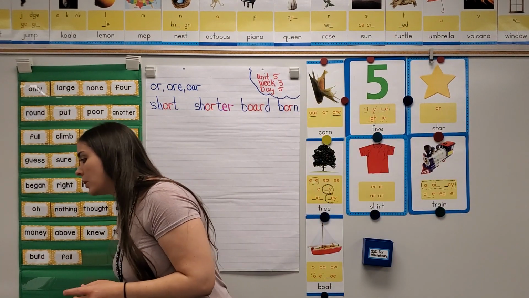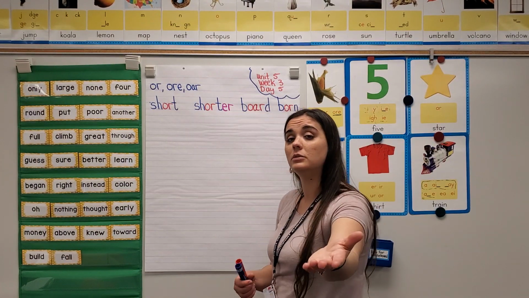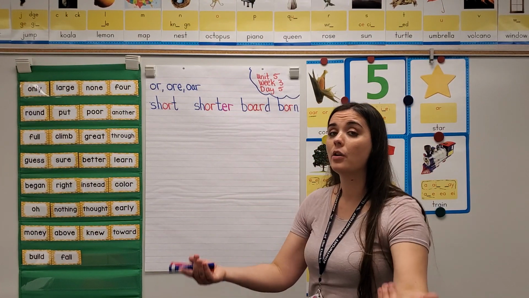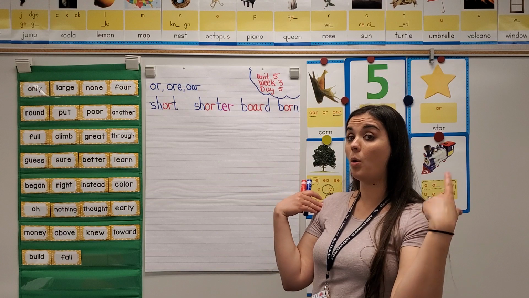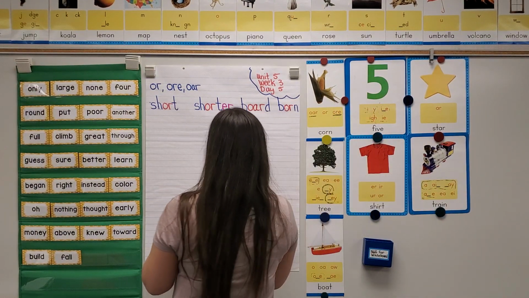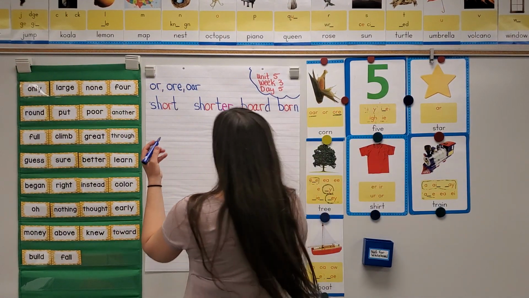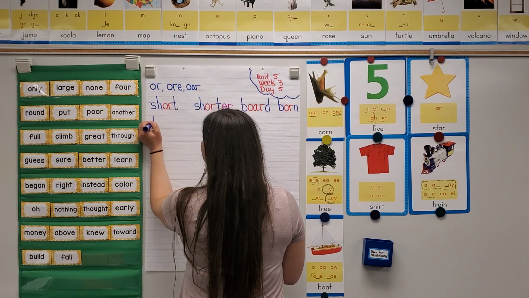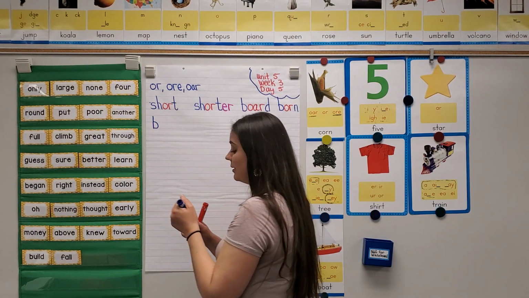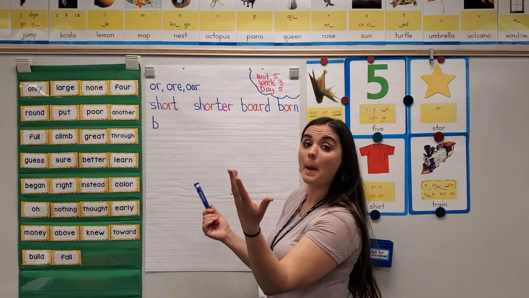All right, next word, before. Your turn. Be, or, before. So I use the word be as one sound there because it is a high frequency word. We kind of just know it. But B says ba.